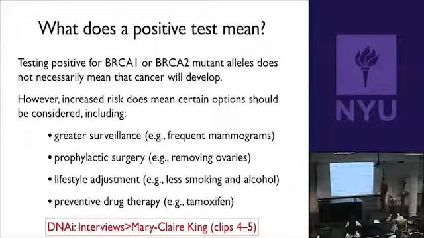One common thing that's done is that for women who are past reproductive age, it's recommended that they have a hysterectomy and have their ovaries removed if they have one of these two alleles, because there's a very high risk of developing ovarian cancer, and ovarian cancer tends to be extremely hard to detect early and very, very lethal when it actually occurs.